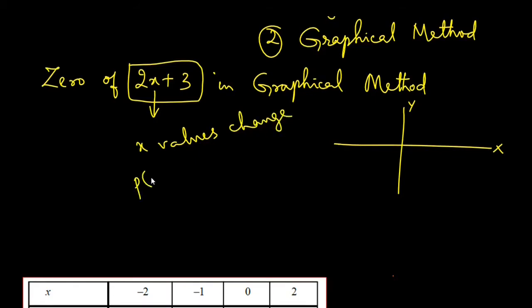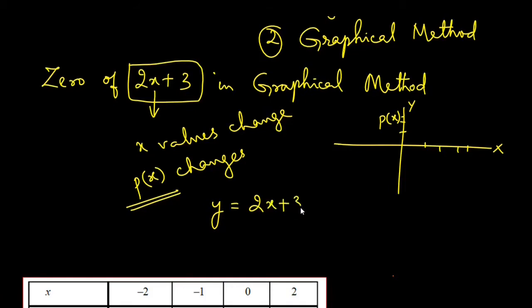The x values are taken on x-axis here. The value of polynomial p of x is taken on y-axis. So we write the equation taking the value of polynomial in y. Y is equal to 2x plus 3.